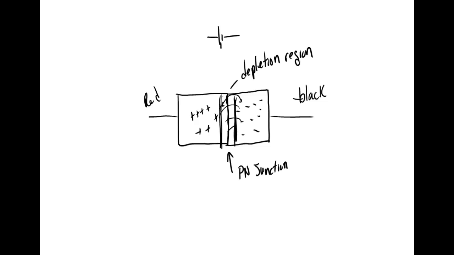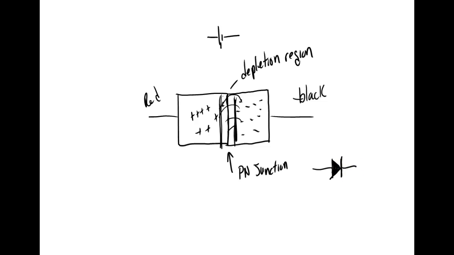My camera's set up. By the way, the symbol for this junction, this is in your textbook, is we draw an arrowhead. It's supposed to be filled in, but a lot of people don't do that. And then we put a bar.